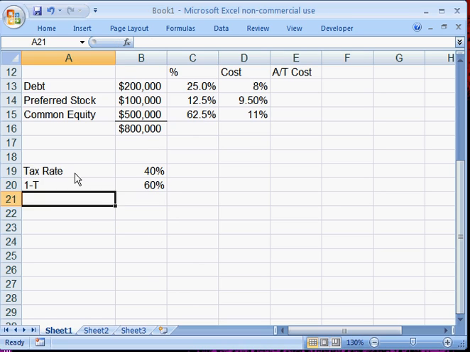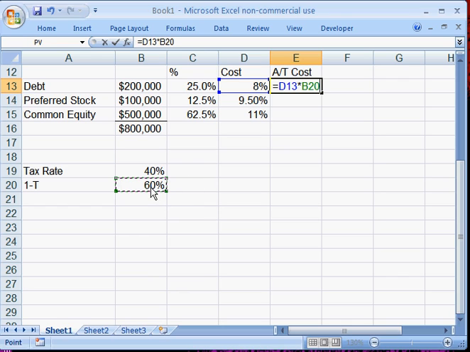For preferred stock and common stock, again, no adjustment. So it is what it is. We'll talk later about adjusting particularly common stock for flotation costs, but preferred stock can be adjusted as well. Then we want to know what the weight times cost is for each of the components. So we make the cell equal the weight, which is 25%, times the after-tax cost of 4.8%.